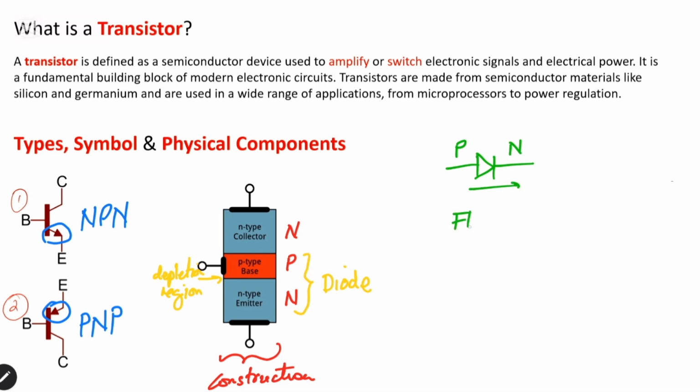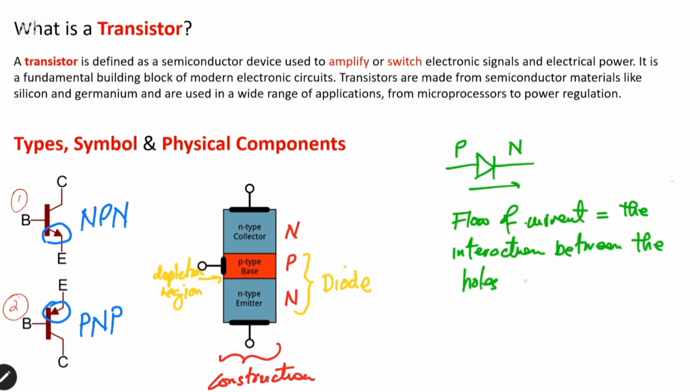We mentioned that the flow of current is equivalent to the interaction between the holes and the electrons. Without this movement of holes and electrons, we cannot generate the flow of current. By looking at this p-n junction diode, we have the p and the n, and the direction of current is flowing in one direction.